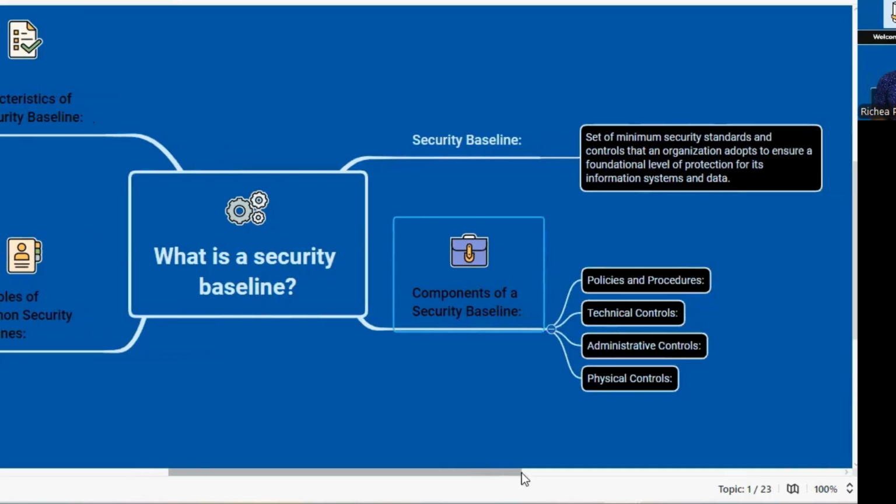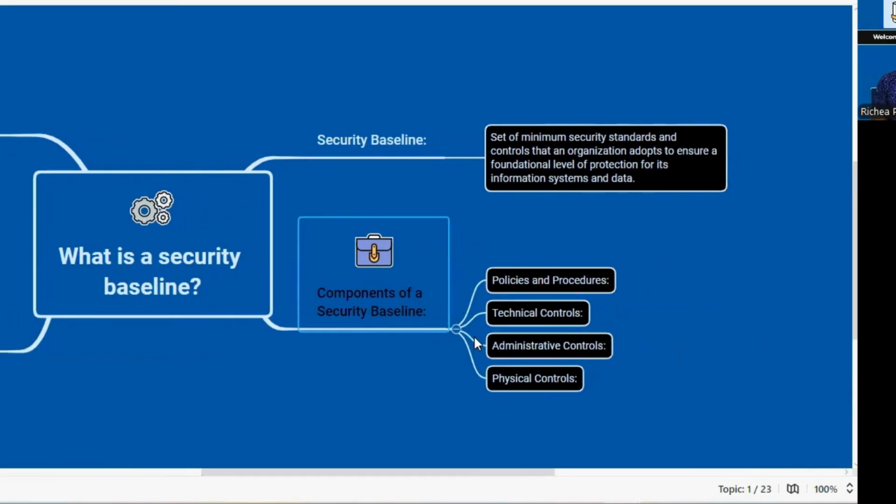They are our policies and procedures, our technical controls, our administrative controls, and physical controls. These are the various components that help to establish the baseline within our organization.